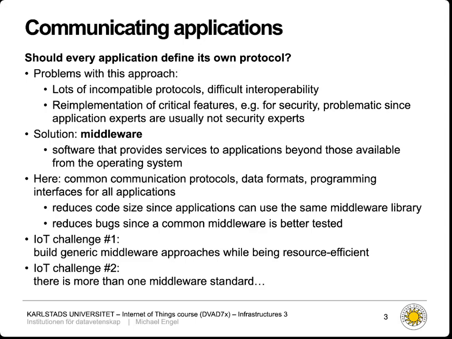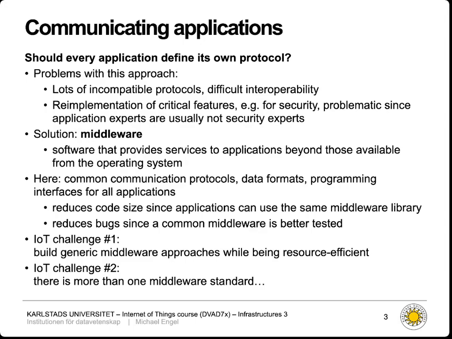This also avoids that we have to reinvent the wheel for every device, so we don't have to implement critical features, for example, for security, because this should be left to security experts, so that application experts can concentrate on the application and not inadvertently introduce security problems, because they also have to add security to each and every product they develop from scratch.